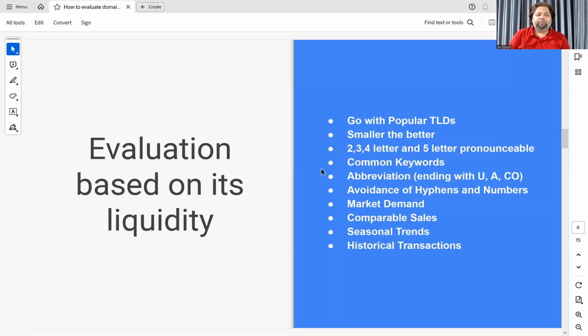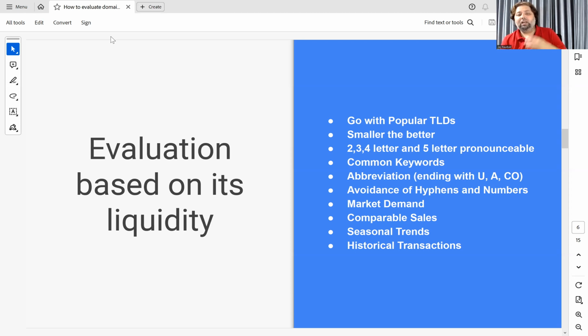So, evaluation based on liquidity. Liquidity here, I mean, you should have a popular TLD, like for me, .com only. And smaller is better, 2, 3, 4 letter domains sell frequently.